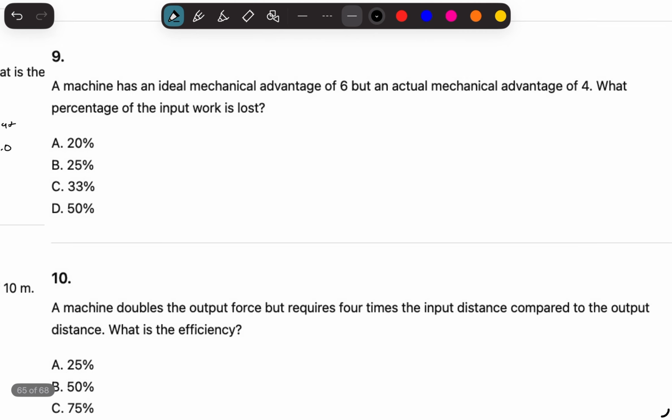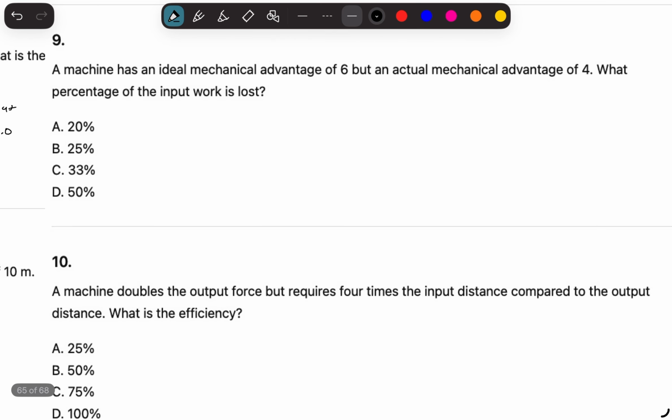A machine has an ideal mechanical advantage of 6, but an actual mechanical advantage of 4. What percentage of that work is lost? So you have to first measure what your efficiency is, and that's going to be AMA over your IMA, and that is equal to 4 over 6. So that means your answer for this is 0.667 as a decimal.